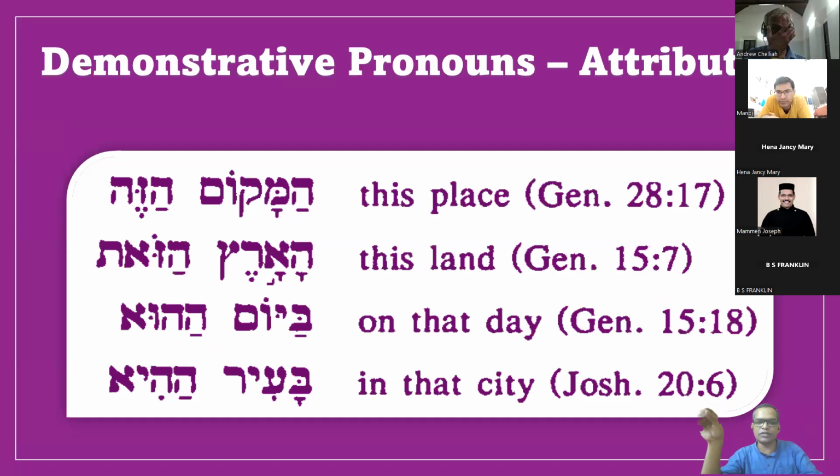In the predicative usage, it will appear before the noun. It will agree with the gender and number, but not with the definiteness. In the same way, when the demonstrative pronouns are used with attributive function, then the particular demonstrative pronoun will appear after the noun. It will agree with the gender, number, and definiteness.